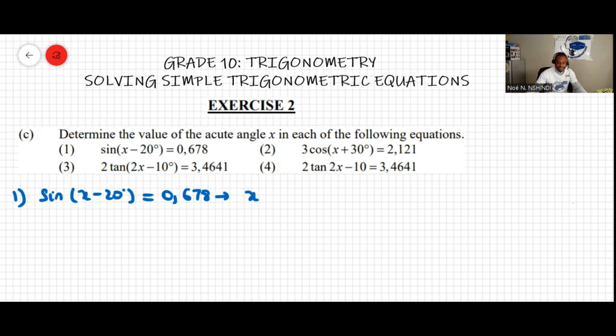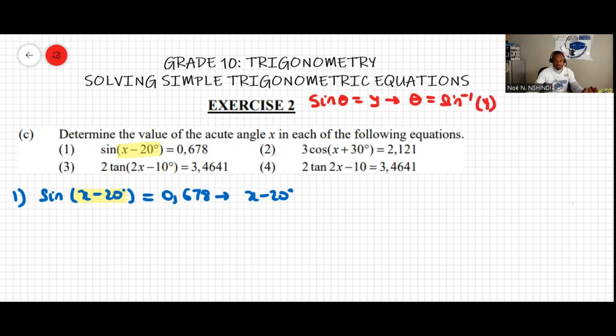We're going to say that x minus 20 degrees is the angle in the equation. Let me write the formula here. If you have sin of theta equal to y, this means that theta equals sin minus 1 of y.